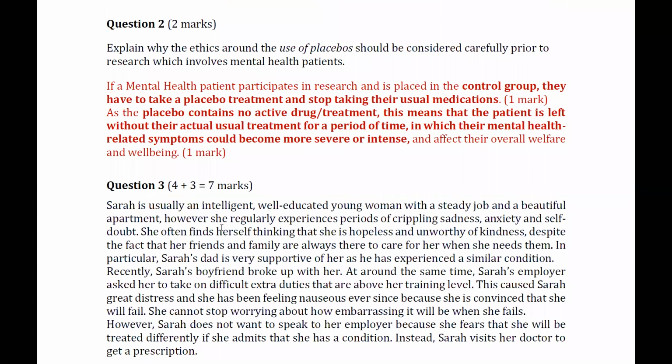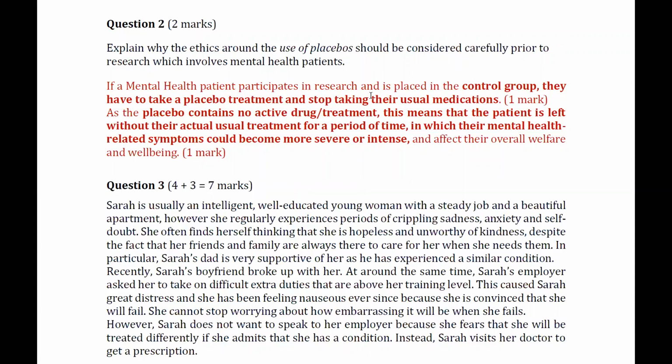Alrighty, question 2. Question 2 is looking at: explain why the ethics around the use of placebos should be considered carefully prior to research which involves mental health patients. Again, this is similar to the practice question we did from the chapter 11 practice test, just evaluating the use of placebos here. In this answer, we're linking up to the ethical implication of how it might affect a mental health patient.